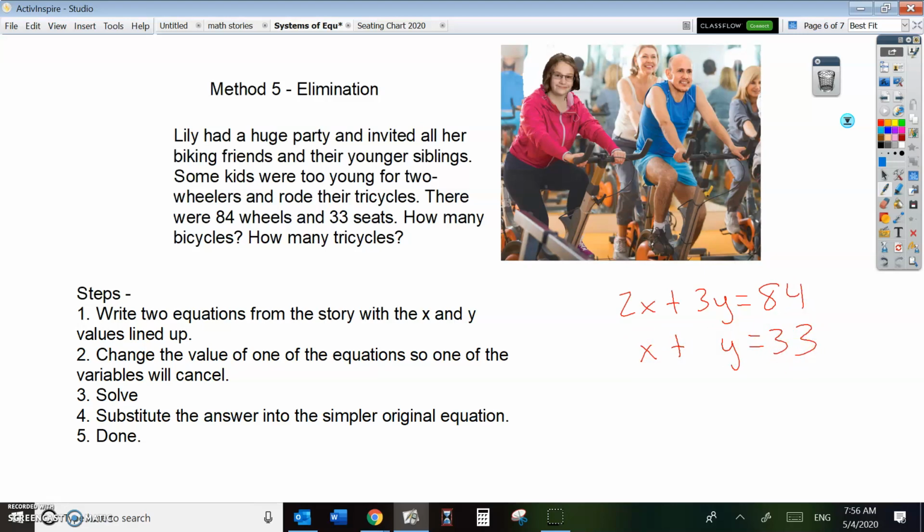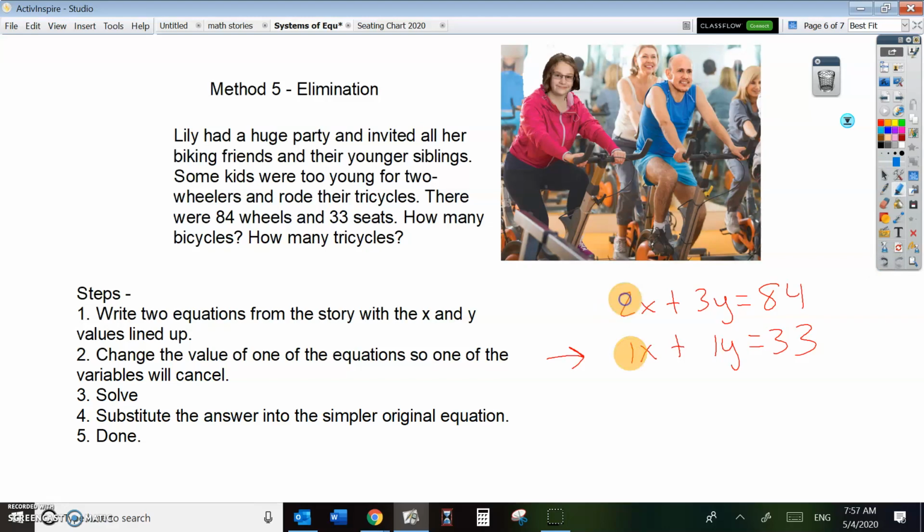Now, change the value of one of the equations so one of the variables will cancel. So if you look at the second equation, we know that there is a 1 in front of the x and there's a 1 in front of the y. Let's multiply this second equation by something so that we can cancel one of the variables.